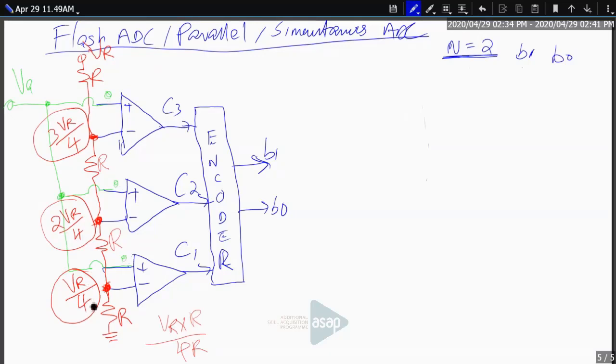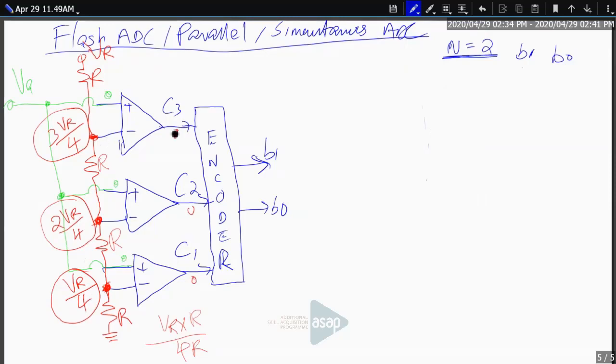Total resistance is R plus R plus R plus R, which is 4R. Therefore, we could say that the voltage applied to this terminal is nothing other than VR by 4.